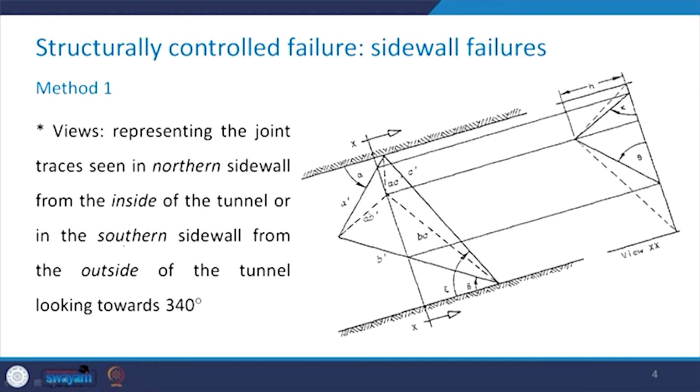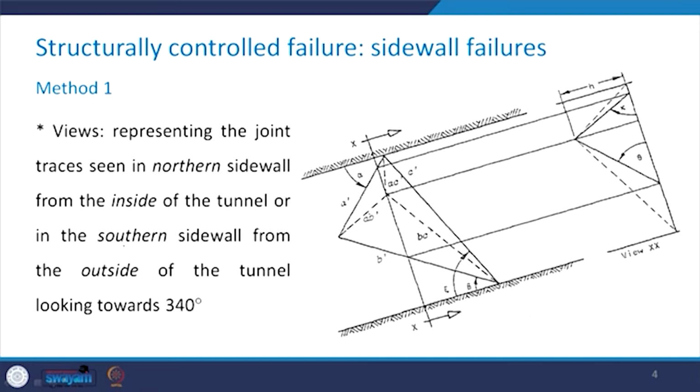Now, these views represent the joint traces which are seen in the northern side wall from the inside of the tunnel, or in the southern side wall from the outside of the tunnel, if we look towards 340 degree.